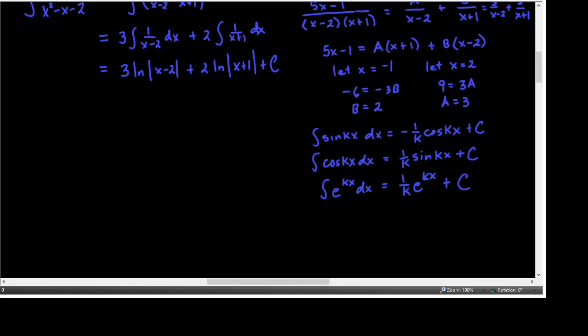And if we have anything that looks like the integral of k over x minus a dx, again, you could prove this to yourself using substitution, where u is x minus a, you pull the k out in front, etc., etc. And that's going to be k times the natural logarithm of the absolute value of x minus a plus C. And if you know these shortcuts, it really makes the end of a lot of these problems super easy.